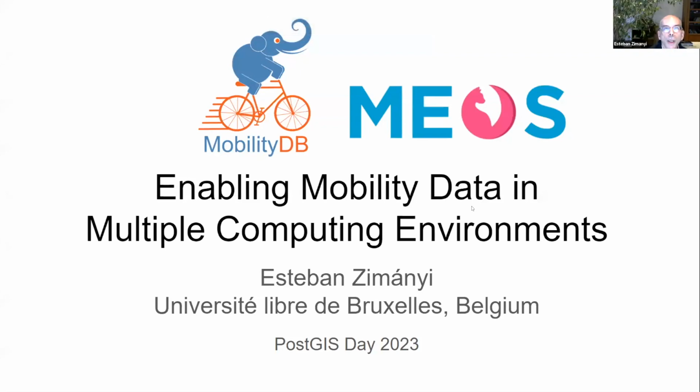I will be talking about the general architecture of MobilityDB. I had the huge opportunity to have a detailed talk about MobilityDB by Wendell right after that. So I'm giving an overall view of all the architecture we have been building to enable mobility data in multiple computing environments.